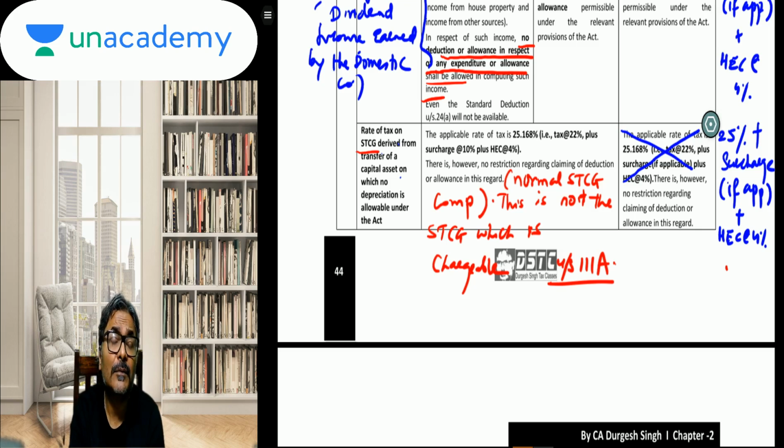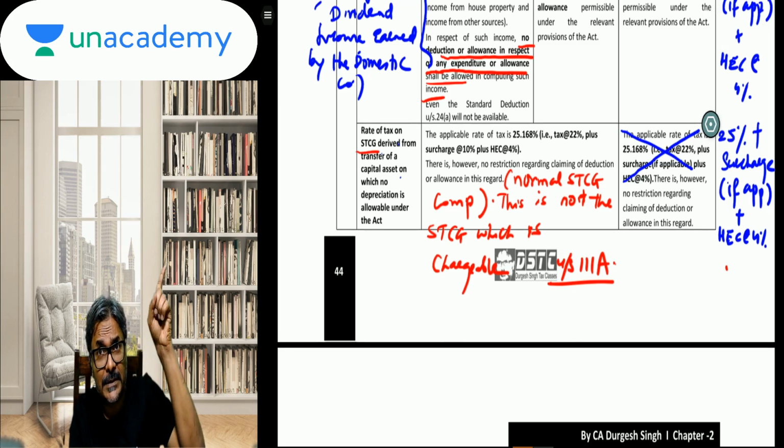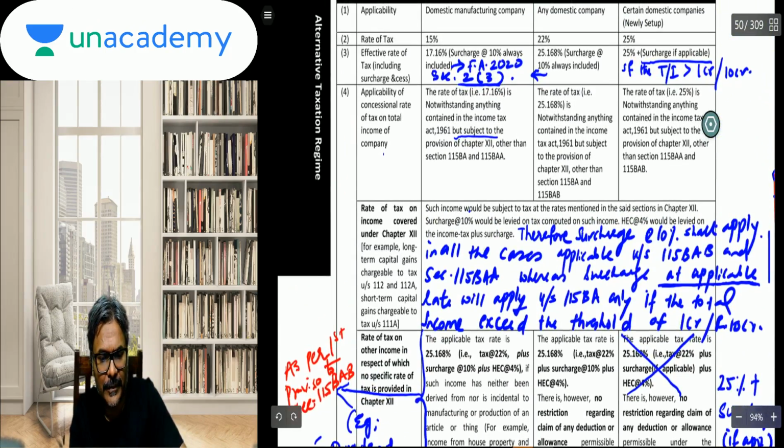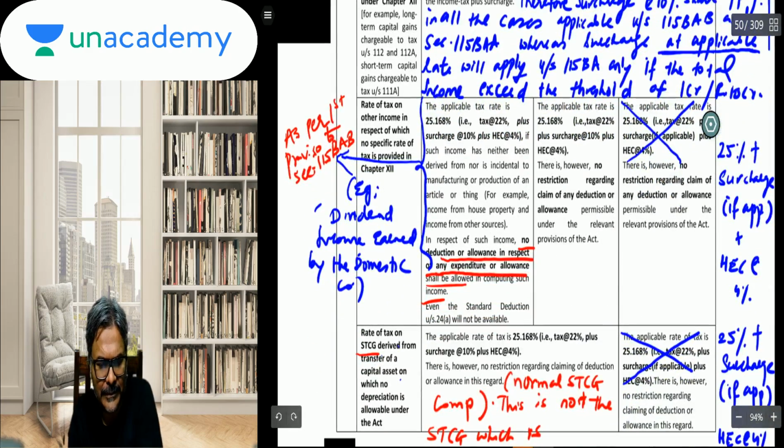Why we have put across this observation? Because this 111 STCG goes above special rate. So this point number 4. So it goes in the special rate. Fine, students.